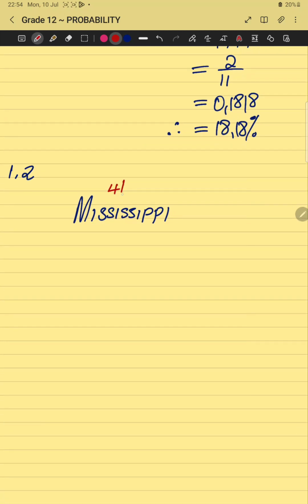So that means S is going to be 4 factorial. And then what about I? 1, 2, 3 is going to be 3 factorial for I. And what about P? I've got 2 factorial.